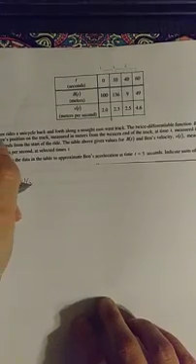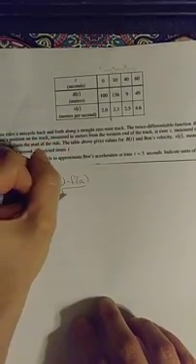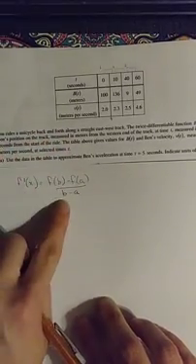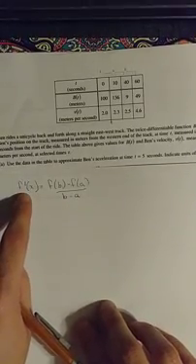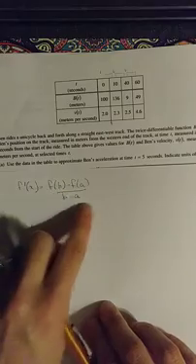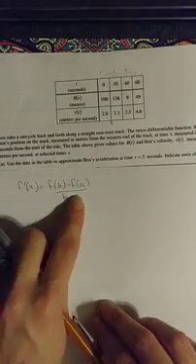f prime of x is f of b minus f of a over b minus a. This gives us an approximate derivative, okay? So no matter what type of function we start with, if we use this process, it will give us an approximate derivative of the original function.